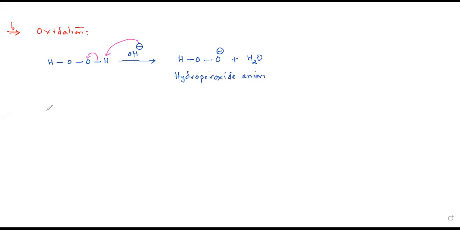Okay. Now the trialkyl borane comes into picture. You know, boron has got only 3 bonds. That means only 6 electrons around it. So it is a Lewis acid. So it is an electron pair acceptor. Come on, let us use our hydroperoxide ion.